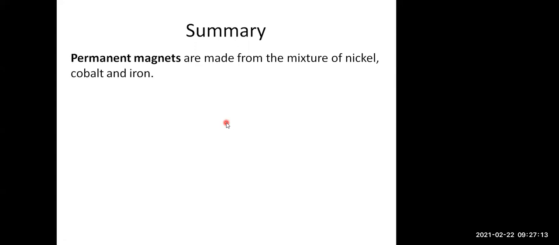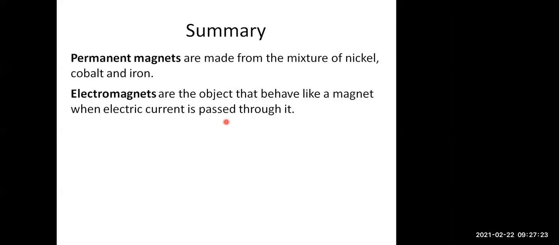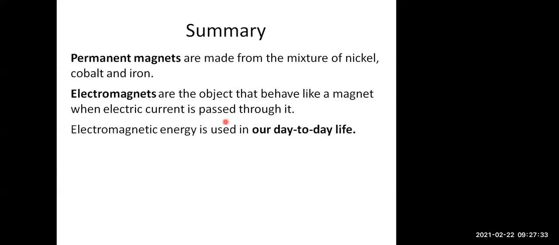So in today's session, we have learned about the permanent magnet, that normally a permanent magnet is a mixture of nickel, cobalt and iron. Next are electromagnets. These are objects that behave like a magnet only when electric current is passed through them. Electromagnetic energy is used in day-to-day life.